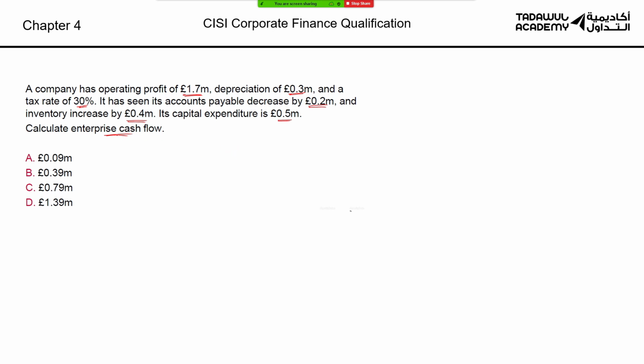The enterprise cash flow, or the free cash flow for the firm, is your operating profit adjusted for tax, plus the non-cash costs or expenses, plus or minus changes in working capital, minus capex.